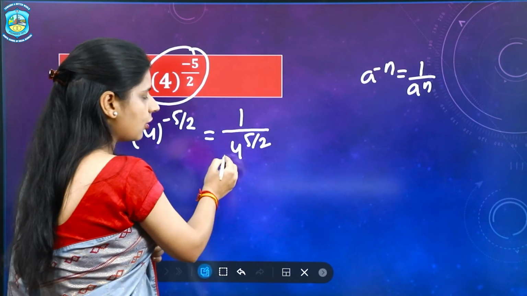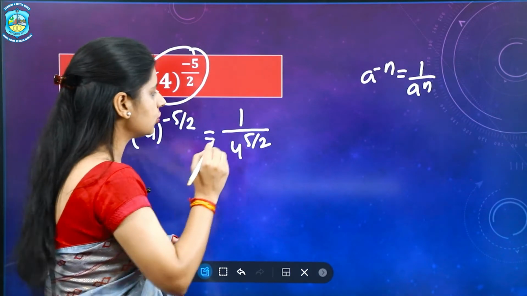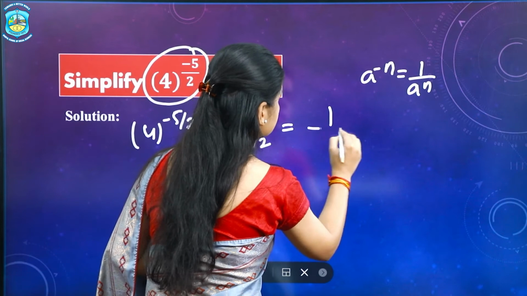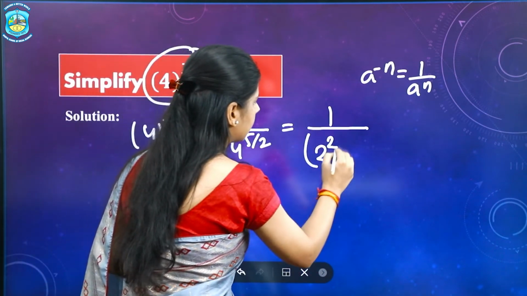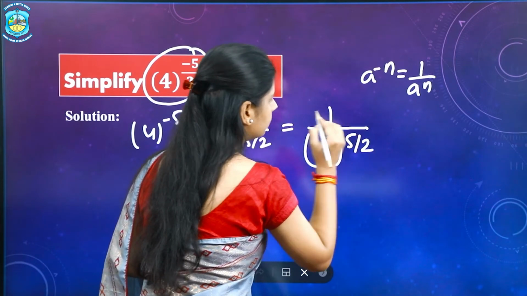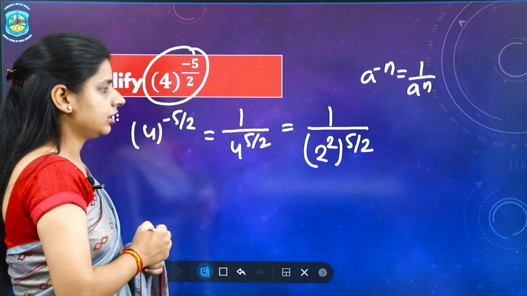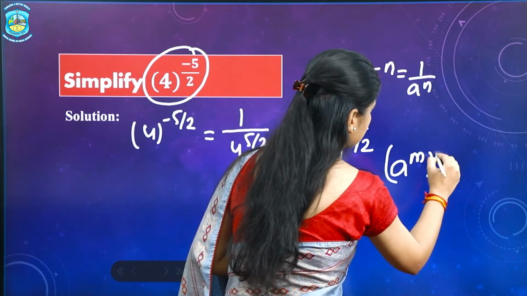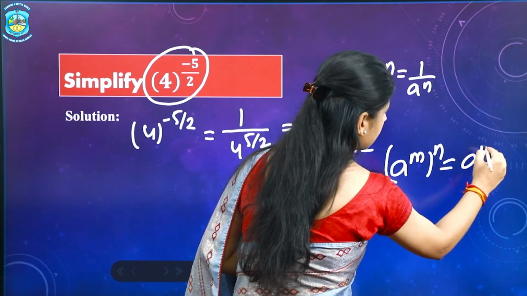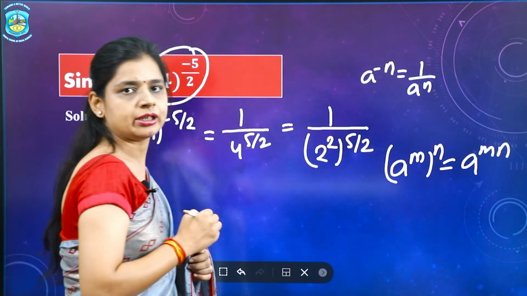And this 4, we can write as 2 square. So, in the next step, we will write 4 as 2 square and this power 5 by 2 as it is. Now, we will apply the formula a to the power m to the power n is same as a to the power mn.